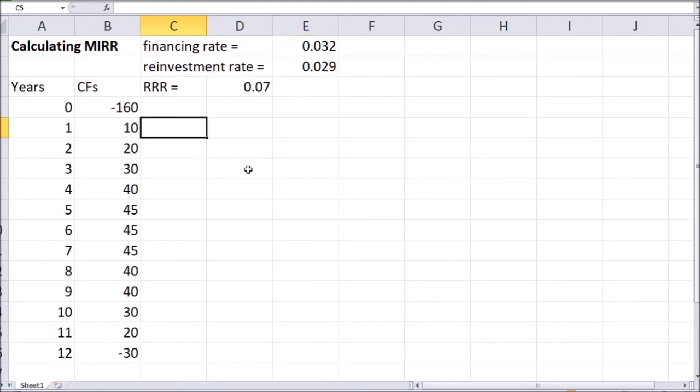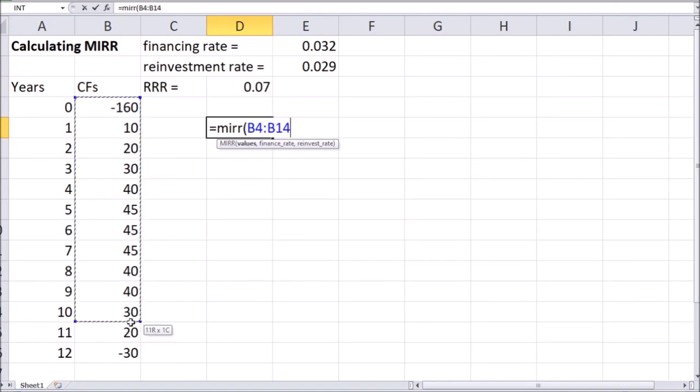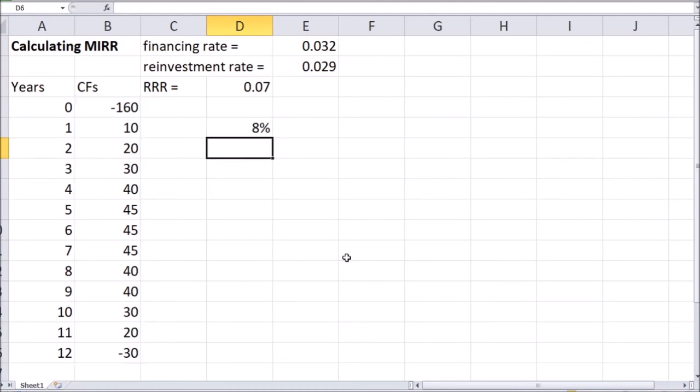So what's the formula for MIRR? Very easy. Hit equals and just type MIRR, open the brackets. You get all the hints, starting with all of the values, very easy, comma, finance rate. So let's just click here, another comma, reinvestment rate. That's all. Close the brackets, hit enter.